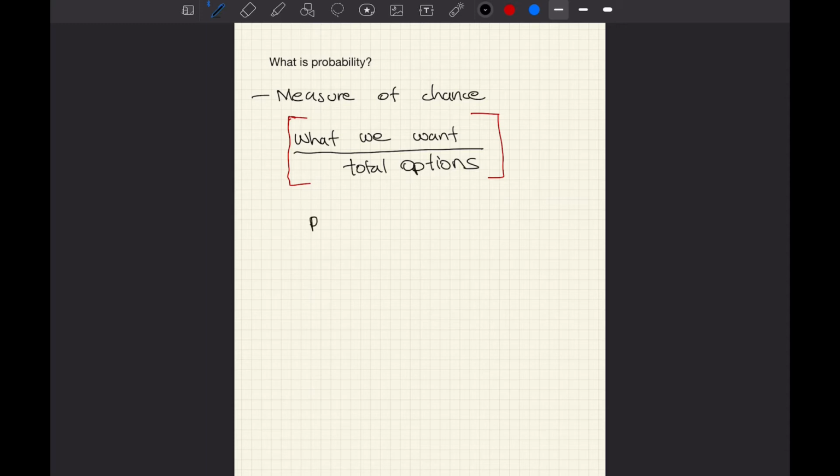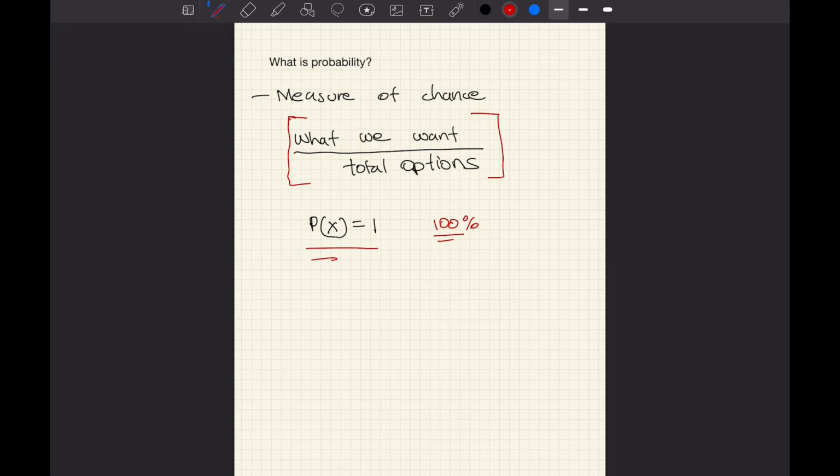So the probability of a number, as written like that, if that equals 1, then there is a 100% chance that is going to happen. So that is going to happen for sure. An example of that might be, what is the probability I get a number if I roll the dice? The probability is 100%.